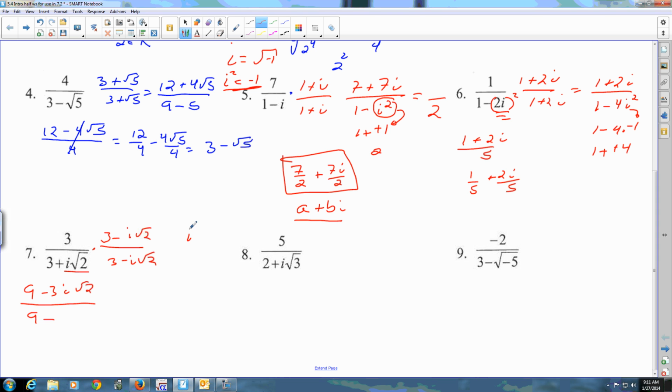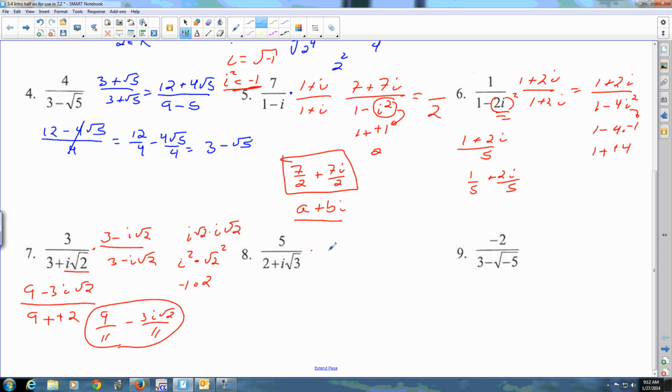So that's i squared is 2 times i squared is 2. i times i is i squared, which you know is negative 1, times square root of 2 times the square root of 2, square root of 2 squared, which is 2. So it becomes negative 2. So the bottom's 11. Because it's got an i, you're supposed to split it. And that would be your final answer.